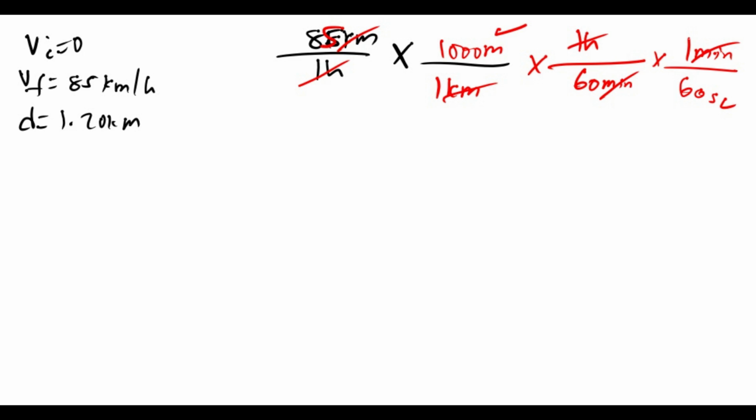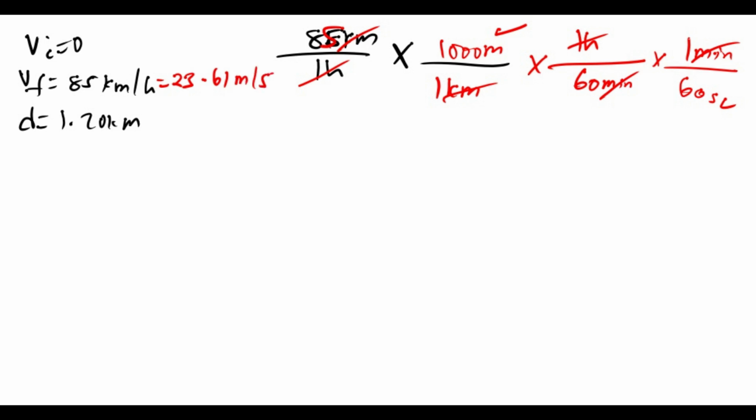I'll say 85 times 1000, divided by 60 times 60, which is 3600. That is 23.61 meters per second.